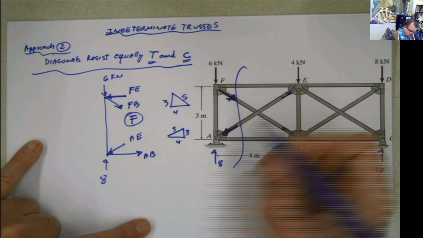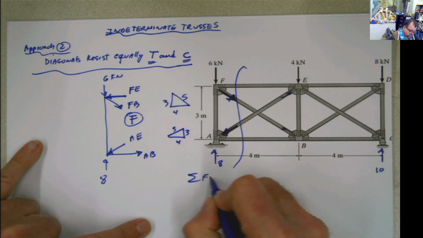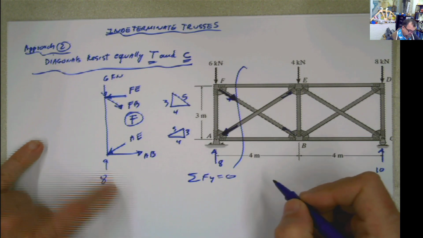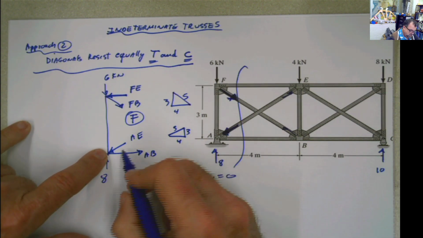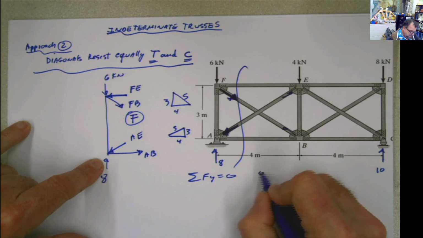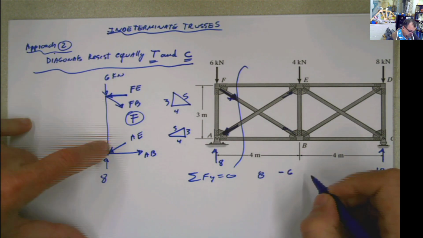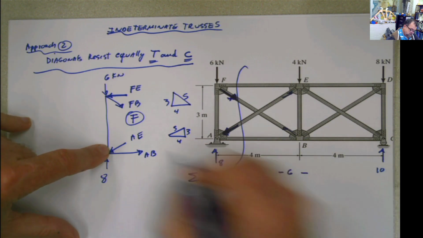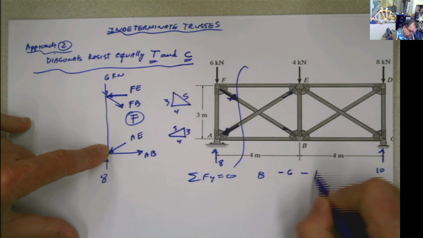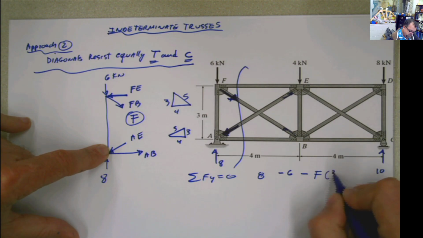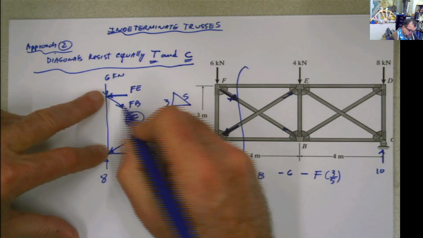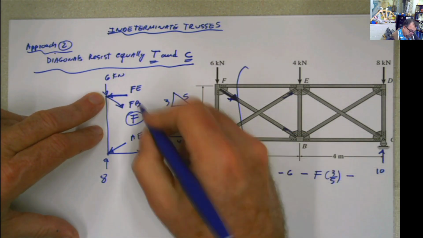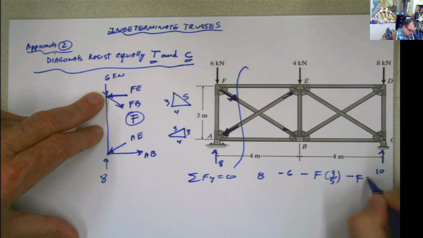If I do that, I just say summation of forces in Y equals 0. And what do you get? You get 8 minus 6. And then you have this one: minus, I'm not going to say AE, I'm going to say F multiplied by 3/5. And here minus, not FB, but F again, multiplied by 3/5.